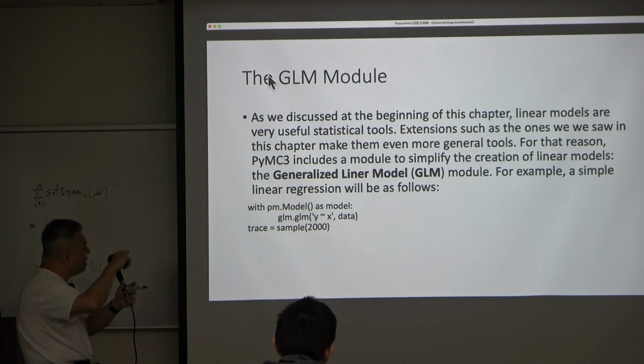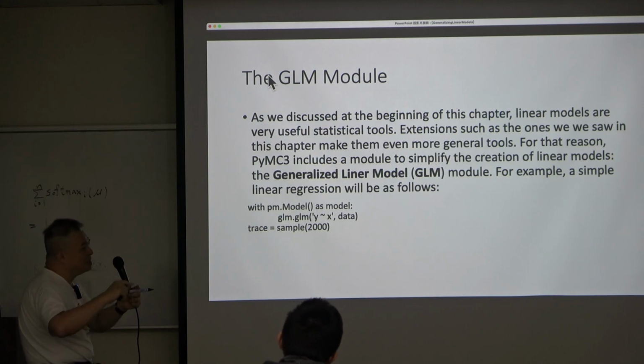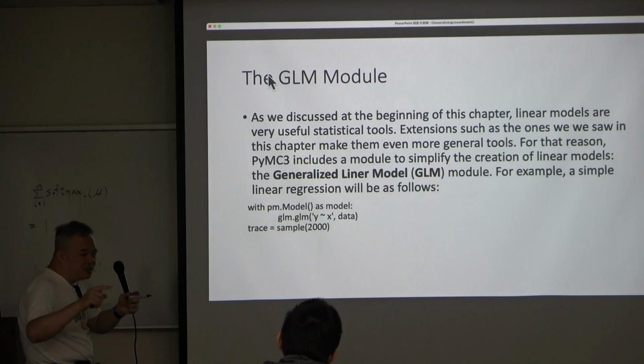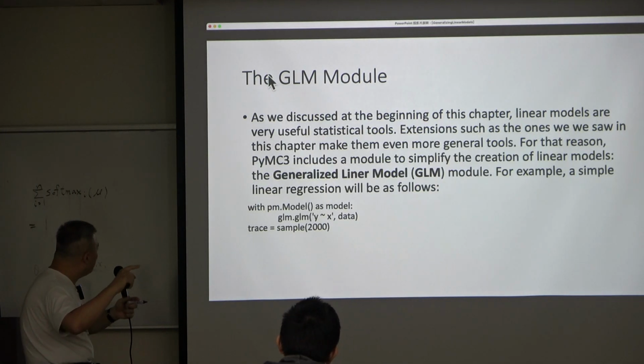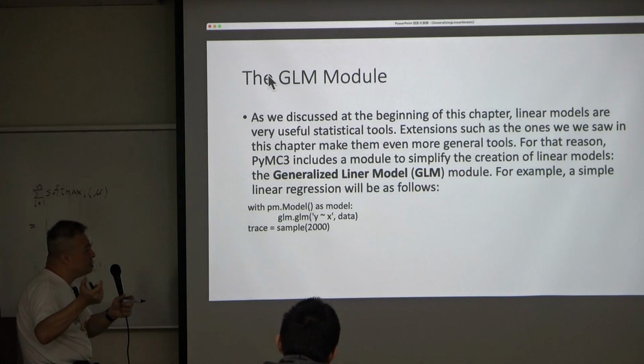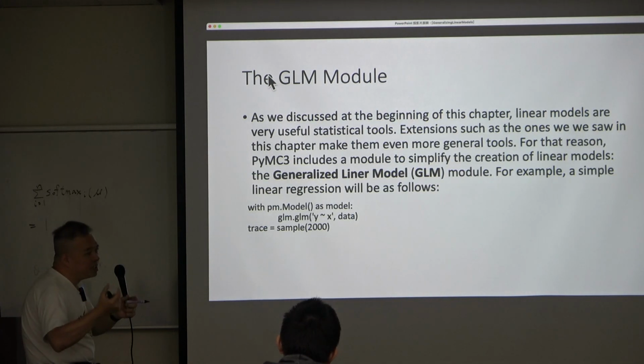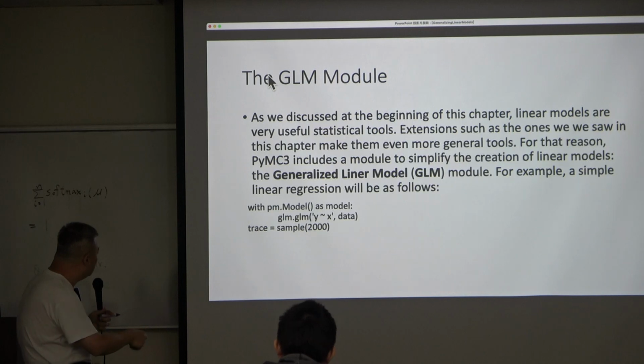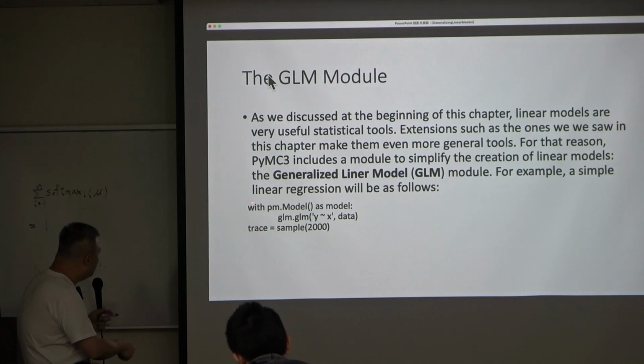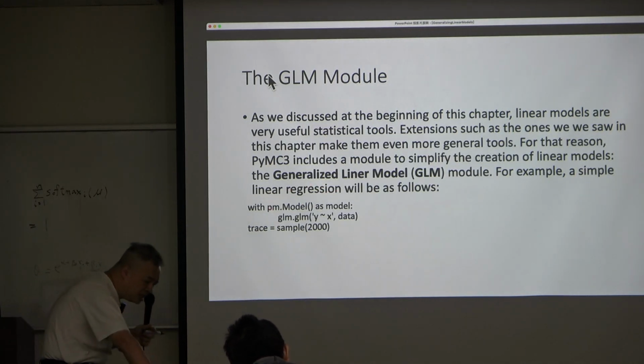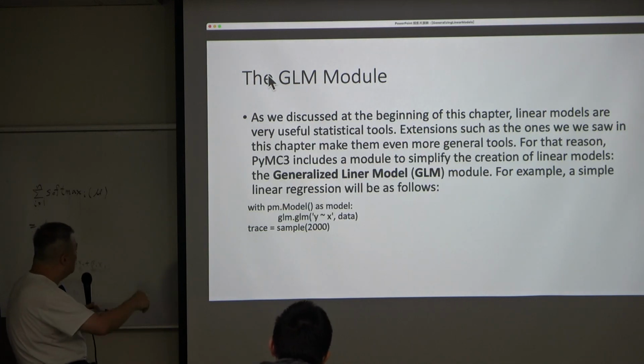When we say y is distributed as x, it actually means y is drawn from a Gaussian distribution, where its mean is alpha plus beta x, and the standard deviation comes from a prior and will be determined by the data. All these things will be automatically taken care of by the GLM module.